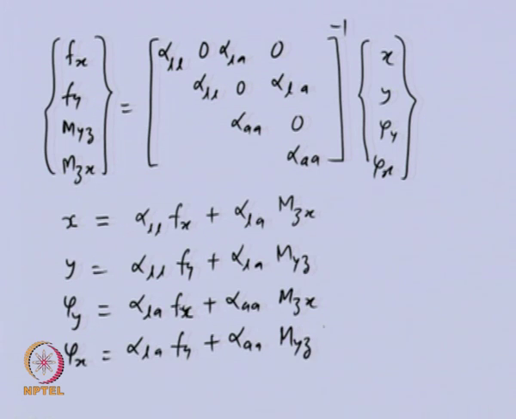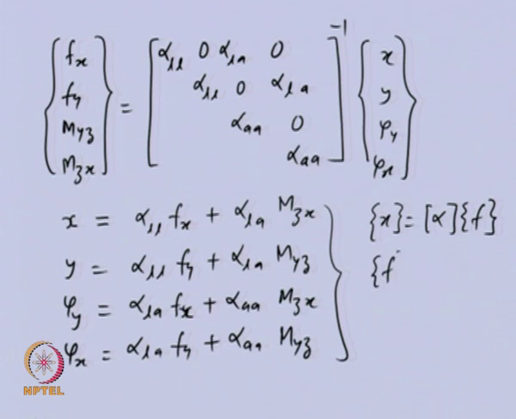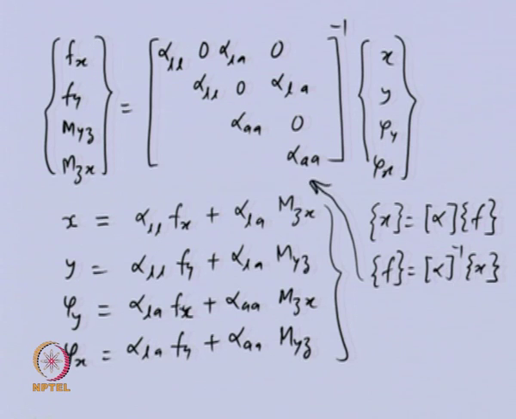So basically we can put these in a matrix: displacement, influence coefficient, and the forces. Then we can get the force by inverting this influence coefficient matrix. So basically this equation is the above one, in which this is force, this is the inverse of the influence coefficient, and this is the displacement vector.